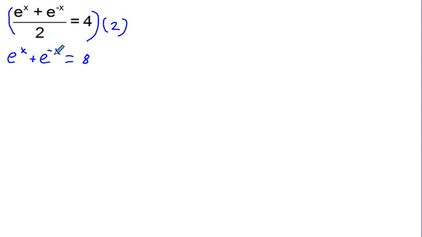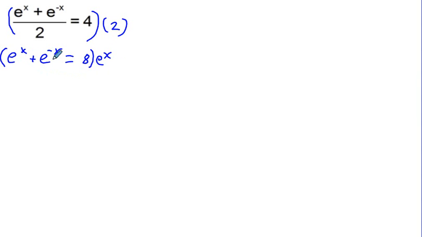Now, what I'm going to do is get rid of this e to the negative x by multiplying this whole equation by e to the x. And it's my experience which makes me do this.